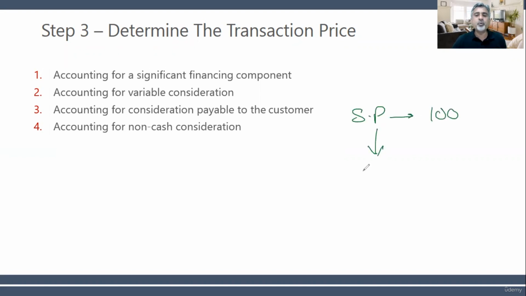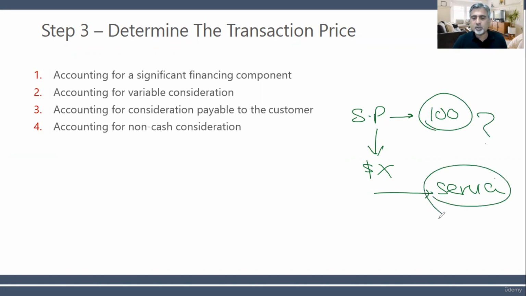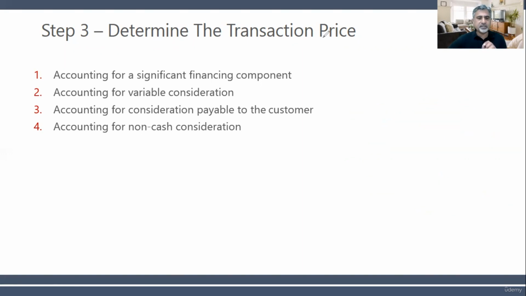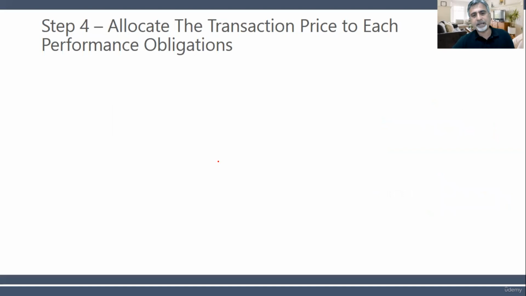I give it to you, and in return, you don't give me cash, but you provide me some service. So how do I value my product or your service? Maybe your service is less than 100, maybe more than 100, or maybe you give me some asset. So this is called accounting for non-cash consideration. We will do it in the next lesson when I do an example.